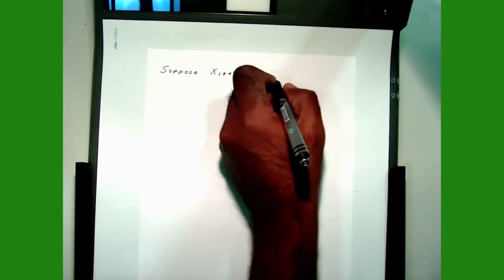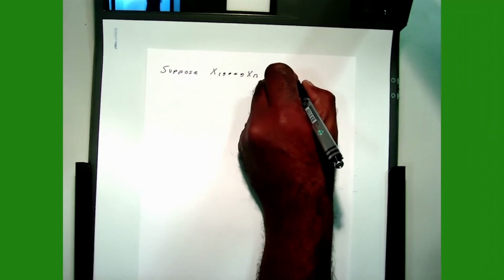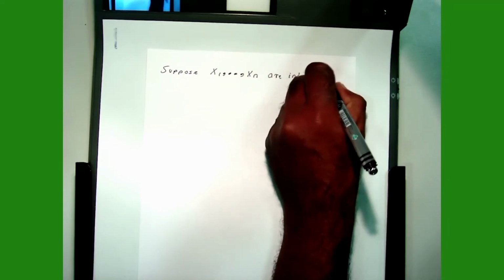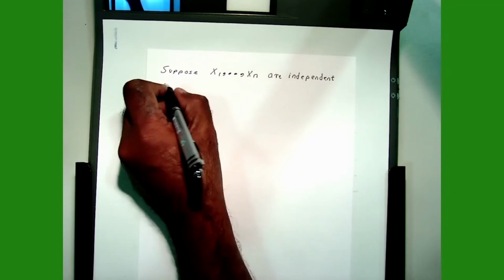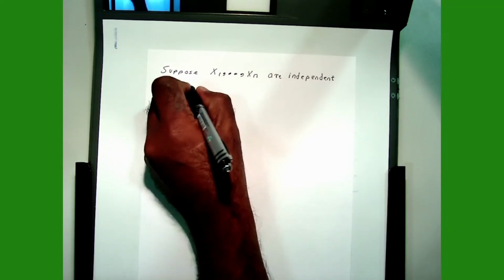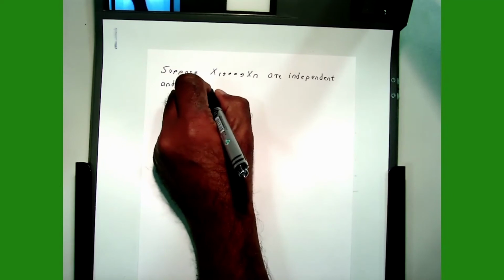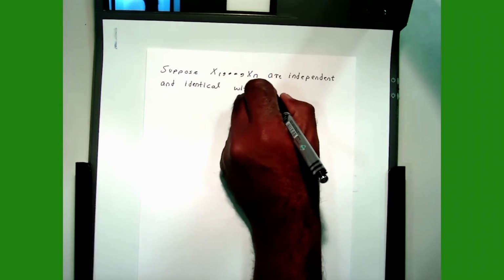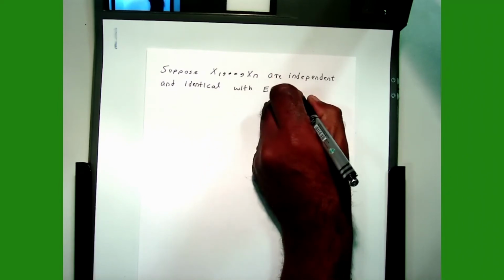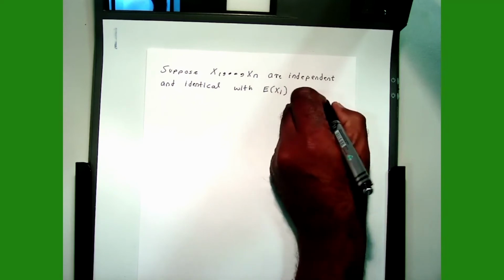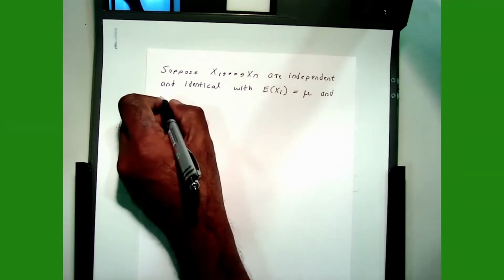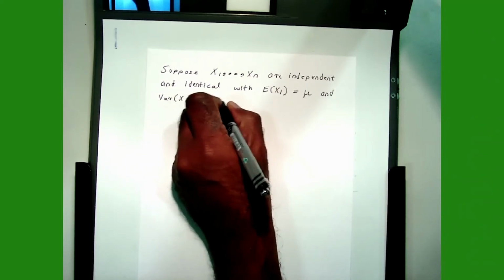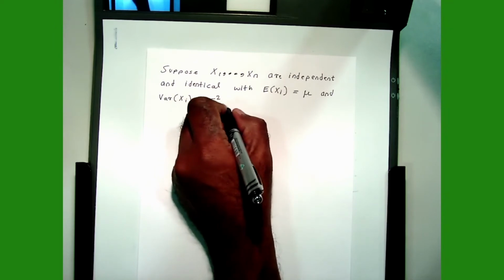Suppose you have a random sample, with expectation of Xi equal to mu, so the population mean is mu, and the variance of Xi equal to sigma squared, so the population variance is sigma squared.